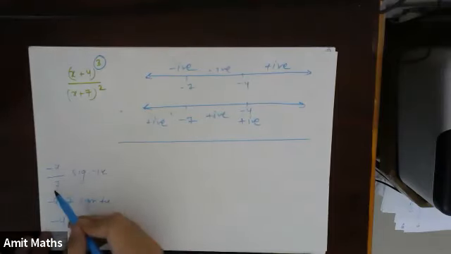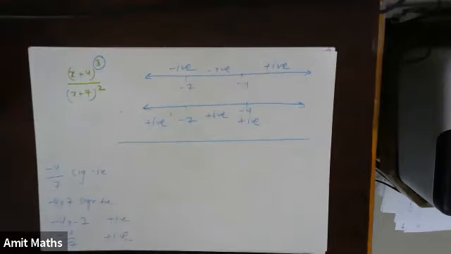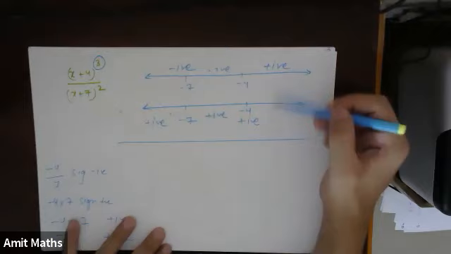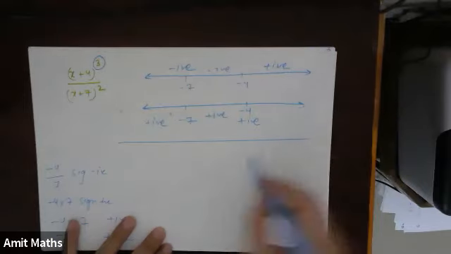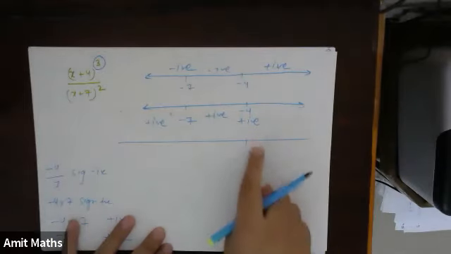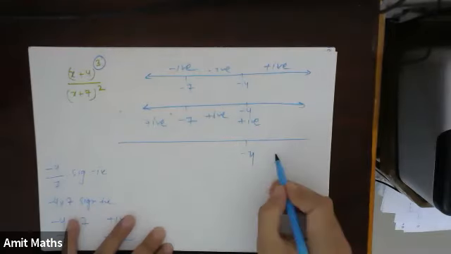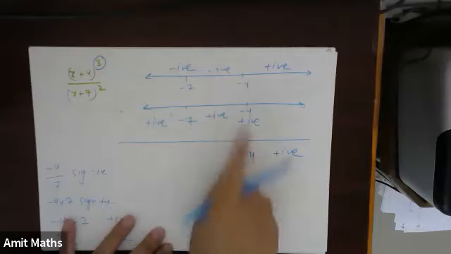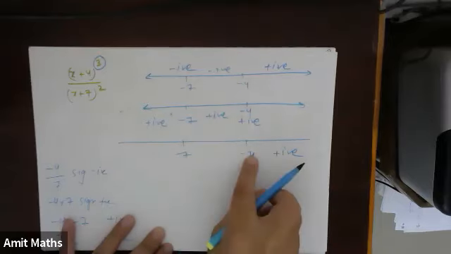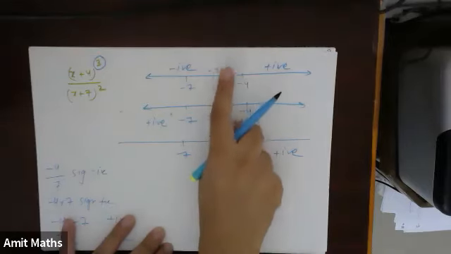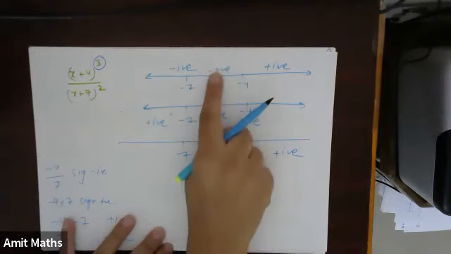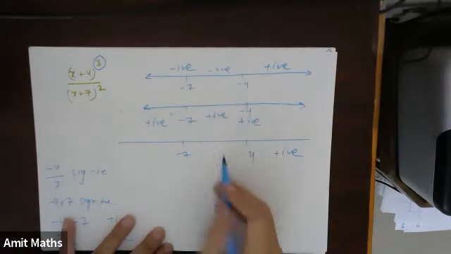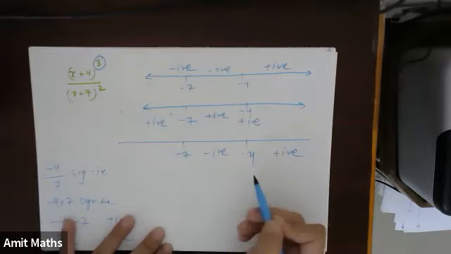So no matter if I divide or multiply, I get the same overall sign. So I'll multiply these two. After minus 4, positive into positive is positive. Between minus 7 and minus 4, one of them is negative and the other is positive, so the overall sign will be negative. Understood?